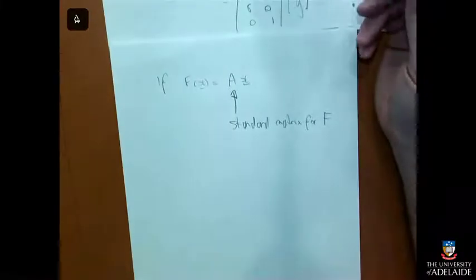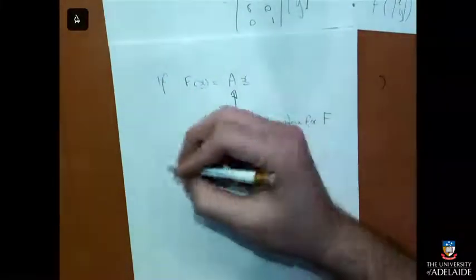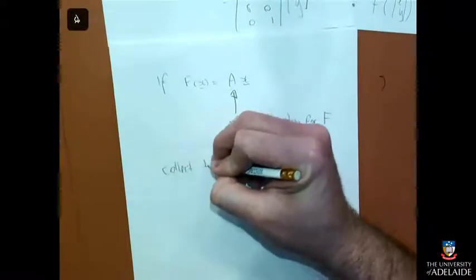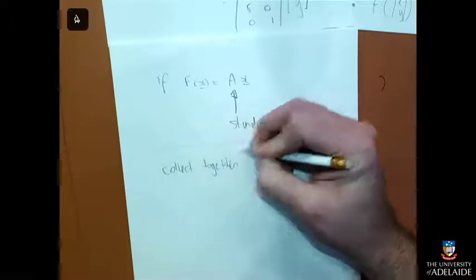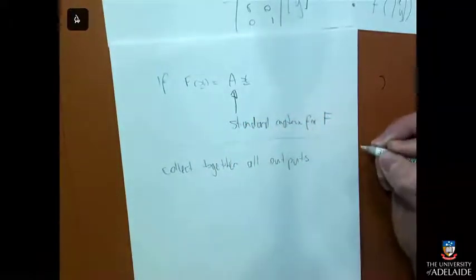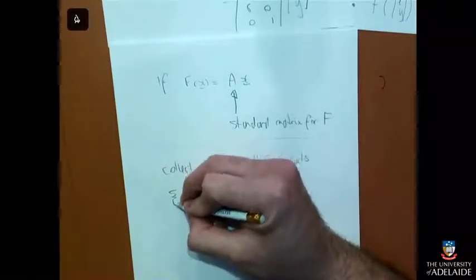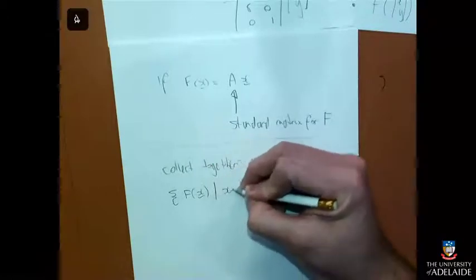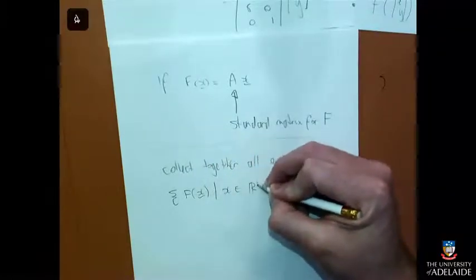However, you are going to have to use specific language. So let's see, we need some more words. So if we do this, let's collect together all the outputs. That means we take the set of f of x's such that x is in wherever it came from.